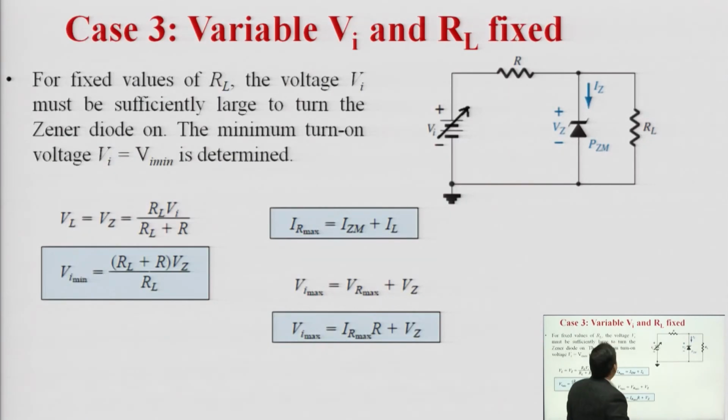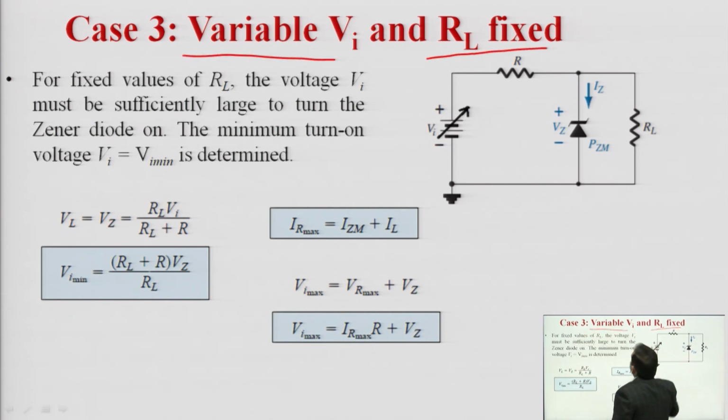Next, we have the third case, where Vi is variable and RL is fixed. Now, input is variable but load is fixed, which means there is a fluctuation in the input voltage.